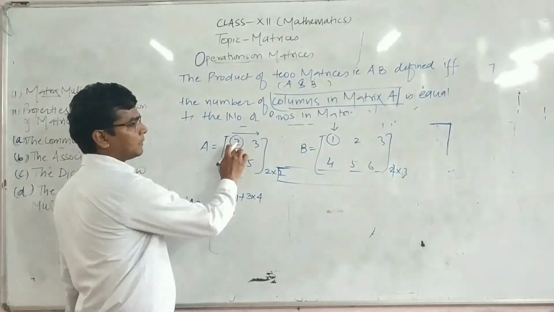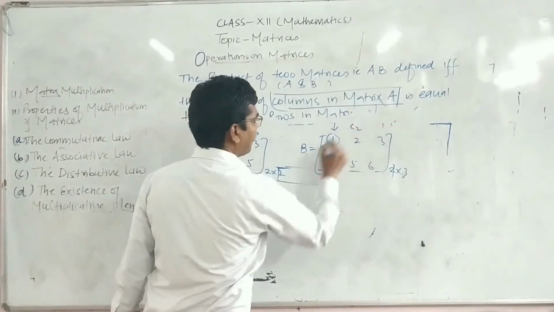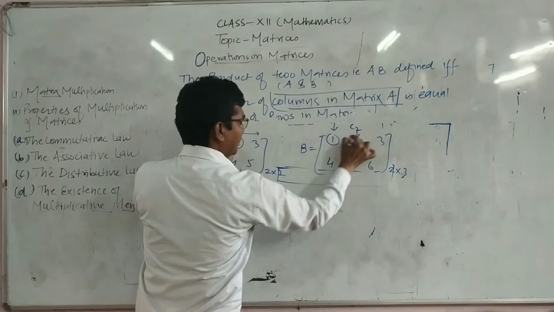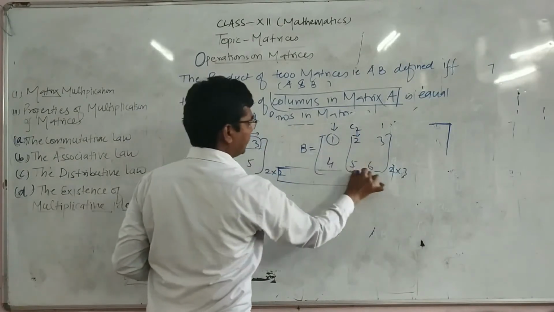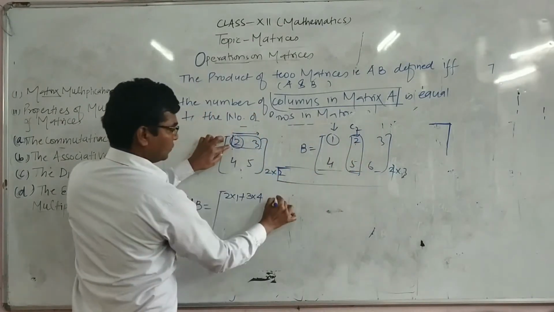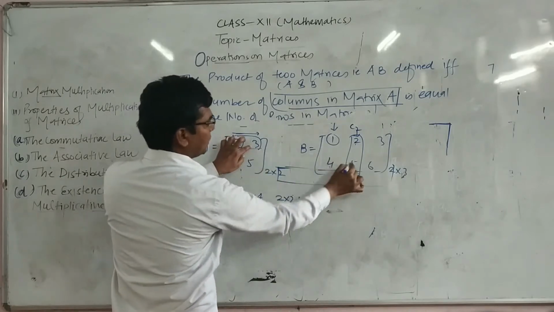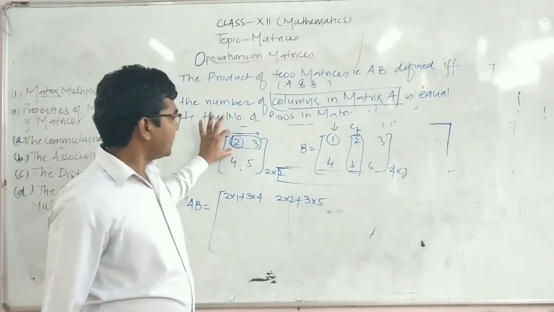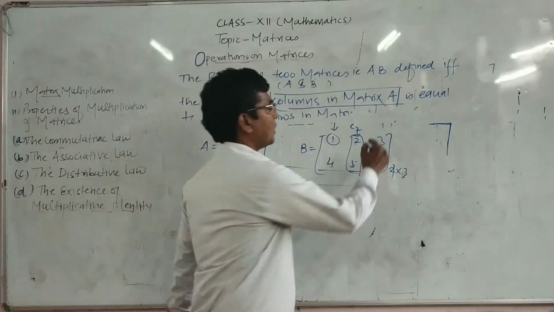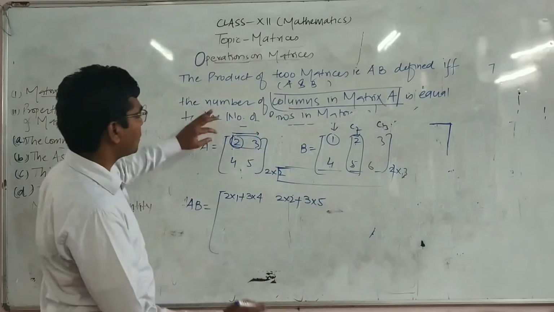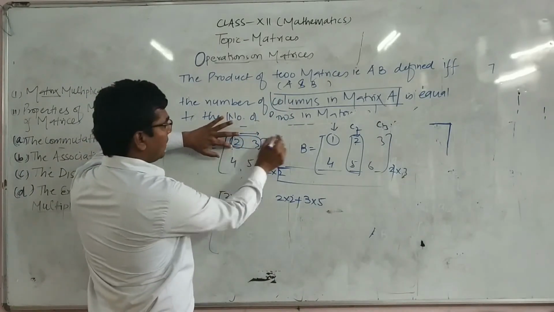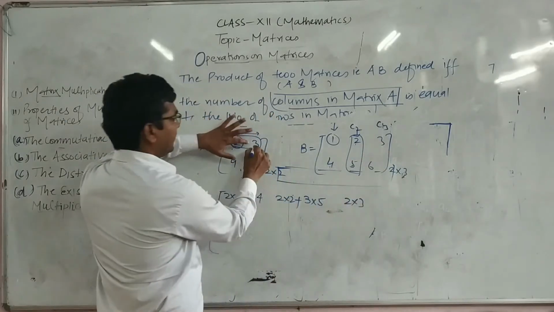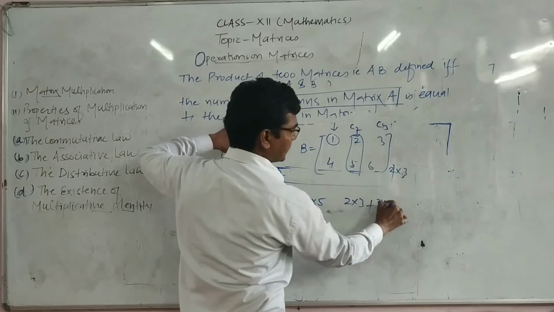So it will multiply with the second column. So the corresponding elements, 2 into 2 plus 3 into 5. Then again this row number 1 will multiply with column number 3. The corresponding elements give us the output 2 into 3, plus 3 into 6.